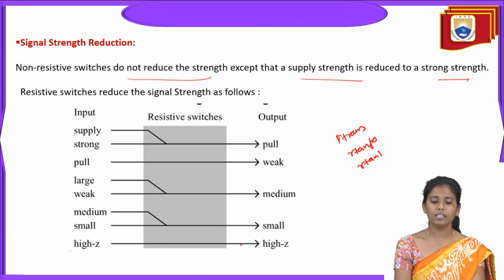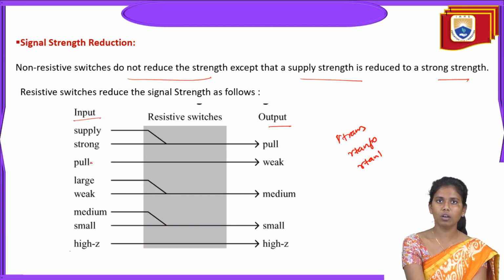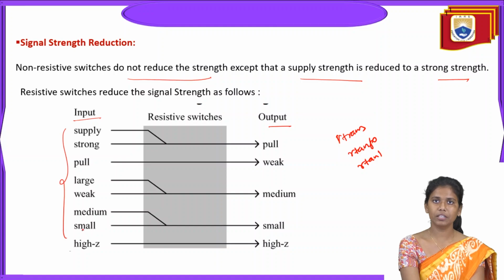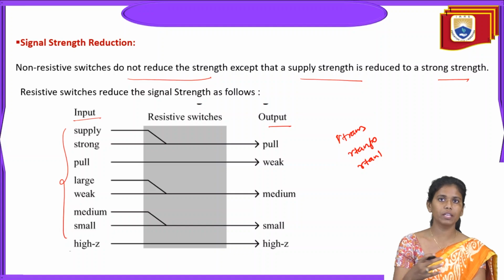See, this is the input and this is the output. At the input we have supply, strong, pull, weak, large. These are the different categories a signal can carry.